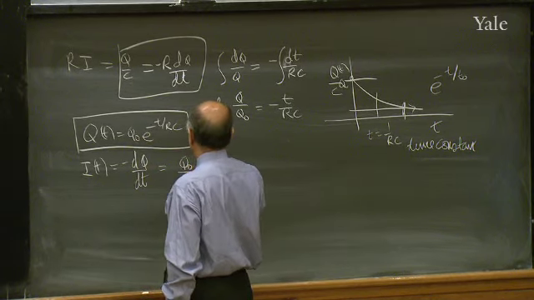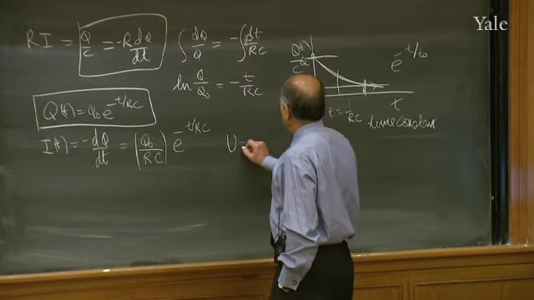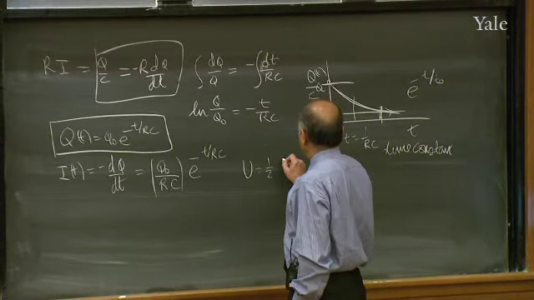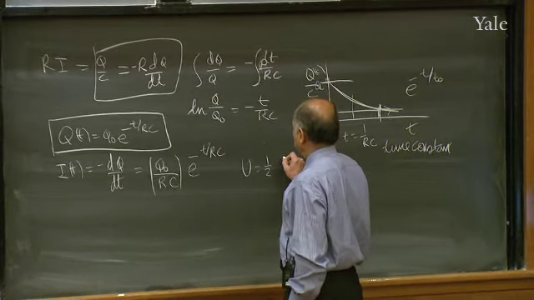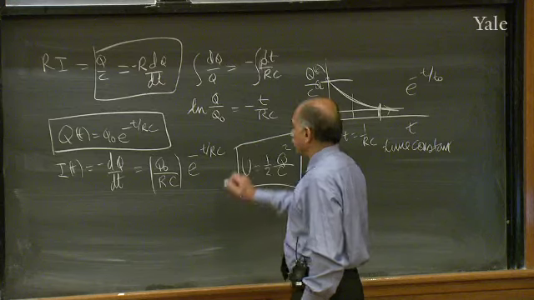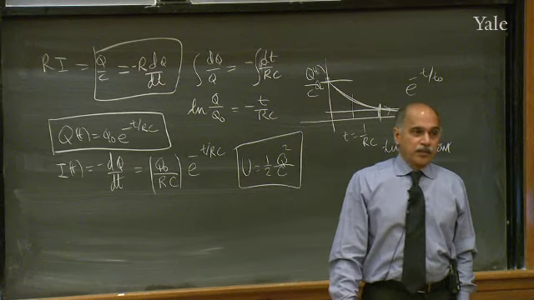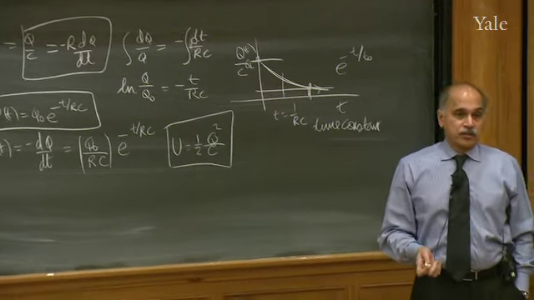Now there's one calculation I want to do, which is the energy calculation. If I had a capacitor that was charged, I had an energy 1/2 CV square, or if you want, Q square over 2C. At the end of the day, my capacitor is completely discharged.